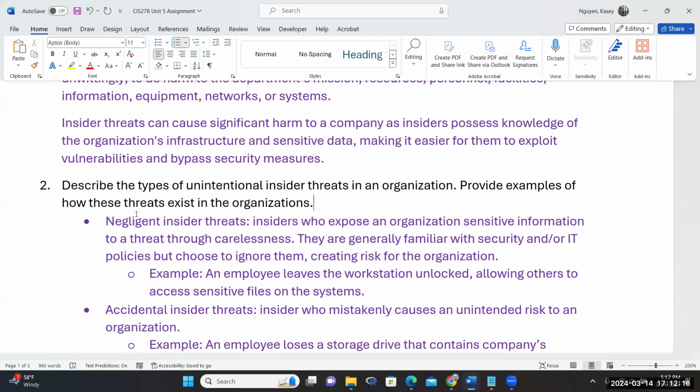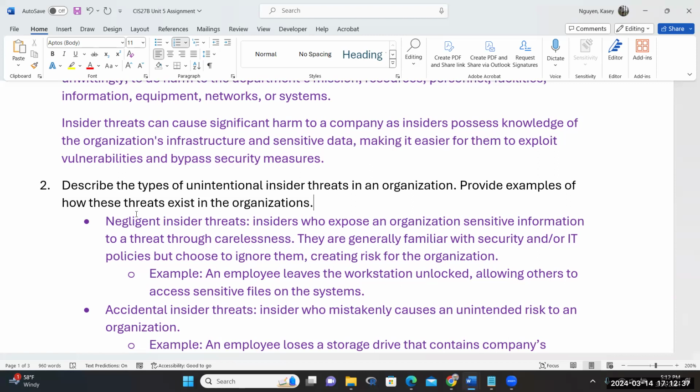So in your IT policy and your security policy, you really need to address negligent insider threats. The first violation, depending on what they did, right? Or what type of violation it is, we would be able to make sure that there are consequences.